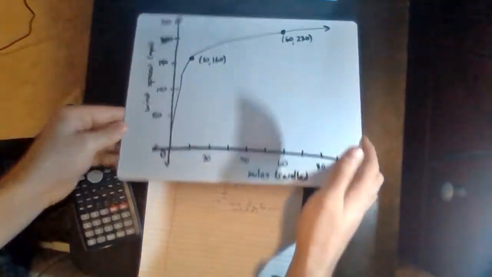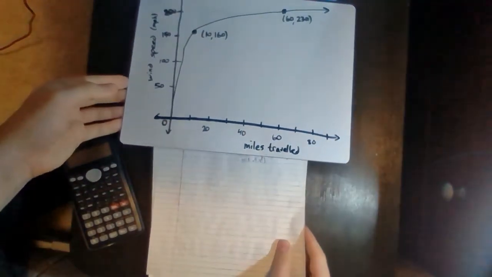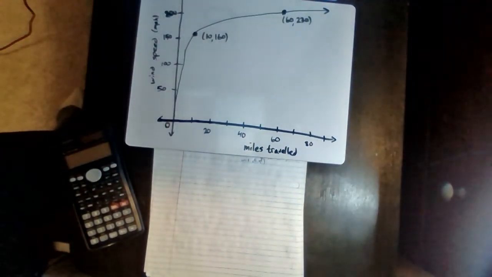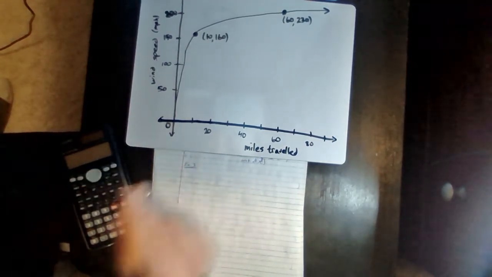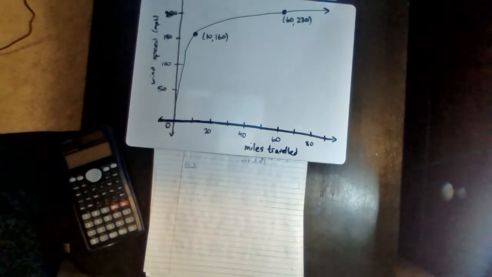Look at another example here. This will be our third example using graphs. And in this question, the graph relates the speed of the wind in miles per hour near the center of a tornado to the number of miles that the tornado travels.